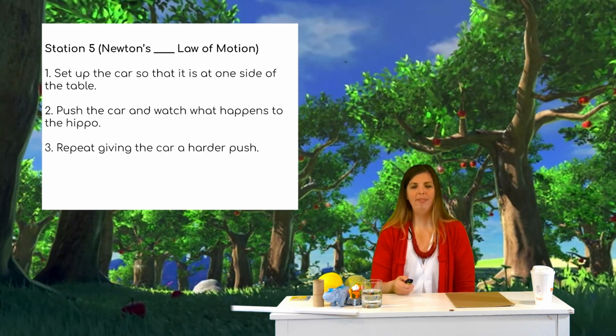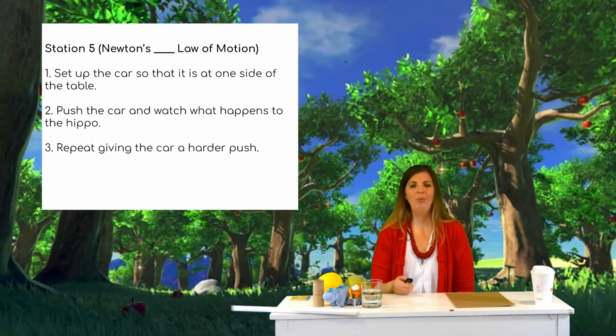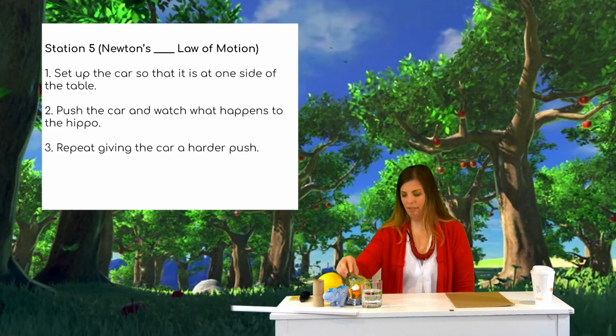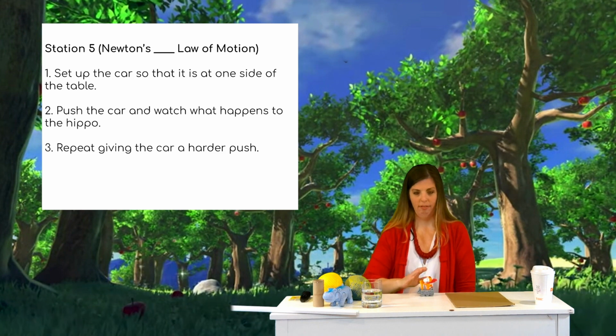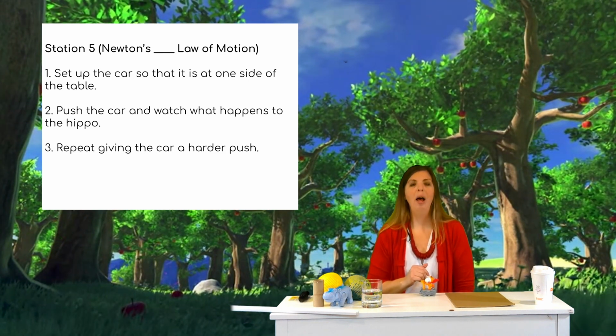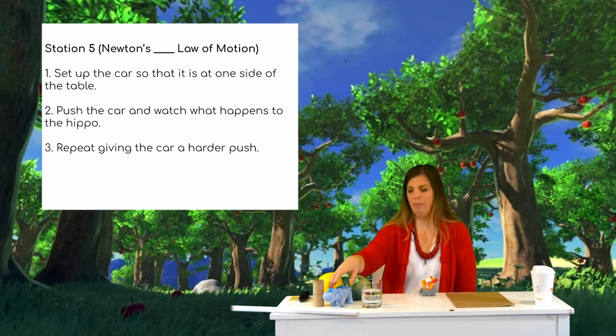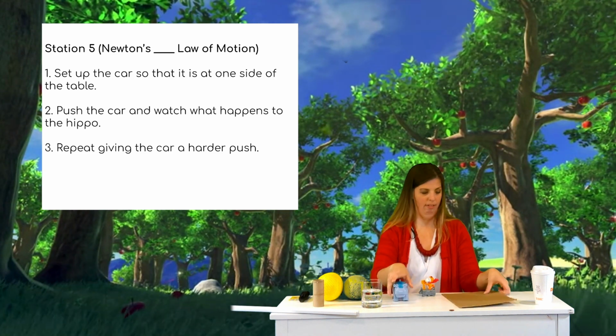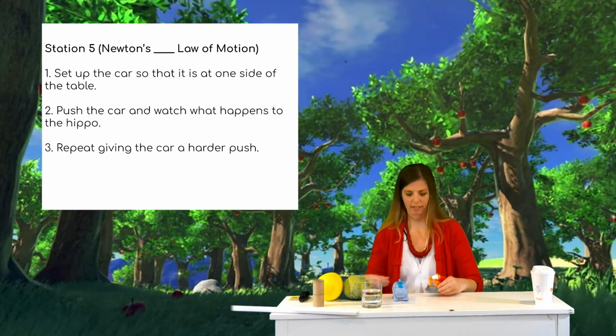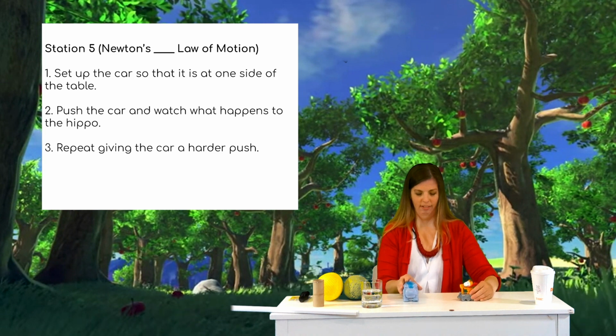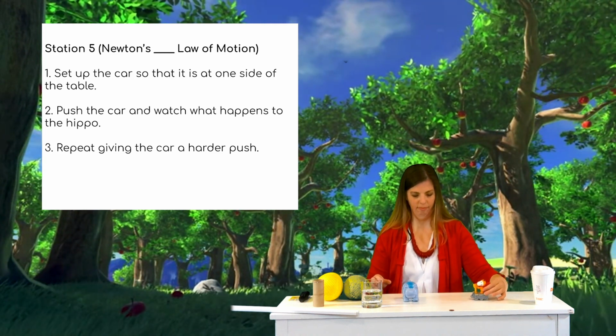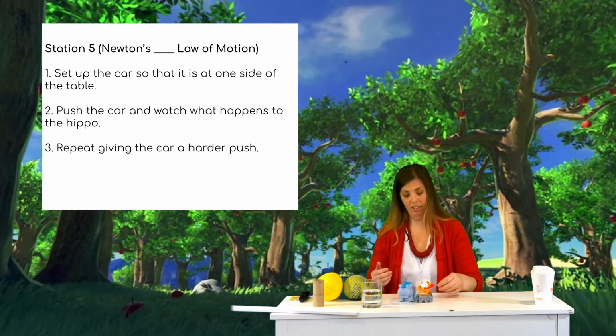Station number 5. Set up the car so that it is at one side of the table. Here's a little Snoopy. Push the car and watch what happens to the hippo. All right, let's do it. All right.